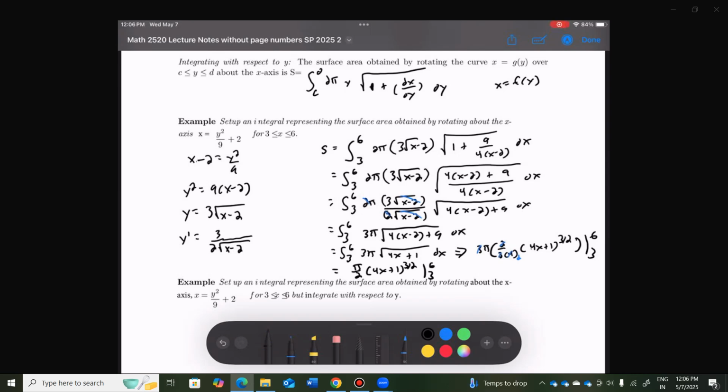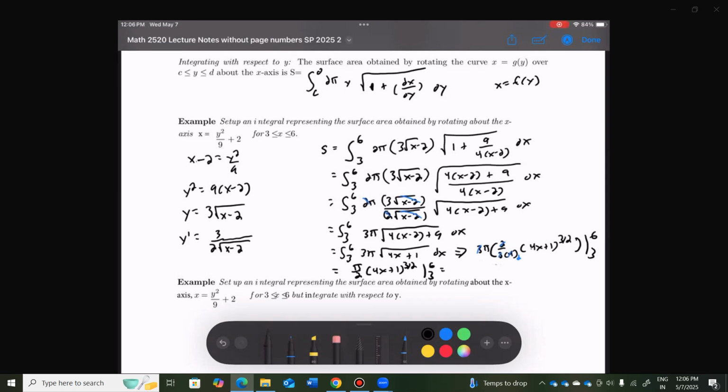Alright, so at this point, we can plug in the 6, we can plug in the 3. What you're going to end up with would be 122.72. So plug in the 6. I'll write that out first, but I'll write down the answer after this.